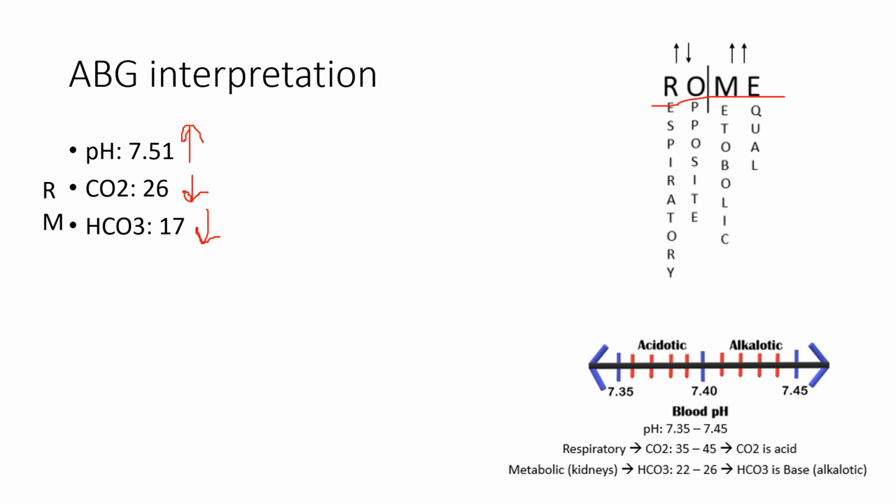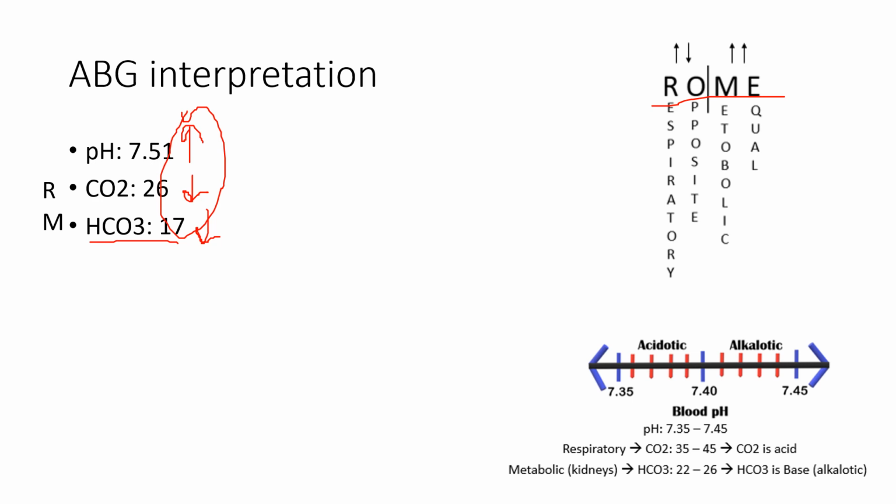What are our arrows looking like? So we're going to be respiratory opposite, right? Because our arrows are facing opposite of each other. Metabolic equal wouldn't work because they're also facing opposite. So it's respiratory opposite. We notice that our kidneys are working though, because our bicarb, our HCO3, is low. It's 17, it's low.